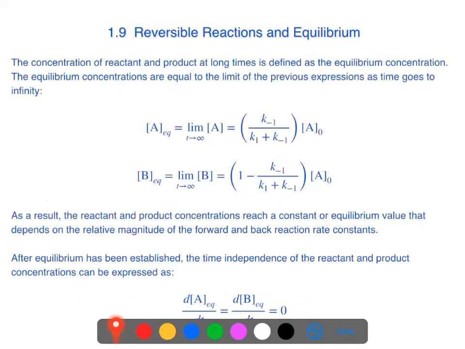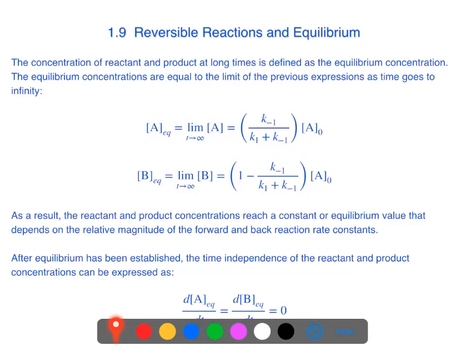So you can see the result is that we're left with the concentration of A, now with the subscript EQ to represent the equilibrium concentration. It is equal to a quotient of the rate constants, k minus 1 over the sum of k1 plus k minus 1, all multiplied by the initial concentration of A, whereas B at equilibrium is equal to 1 minus the same quotient times the concentration of A initially.